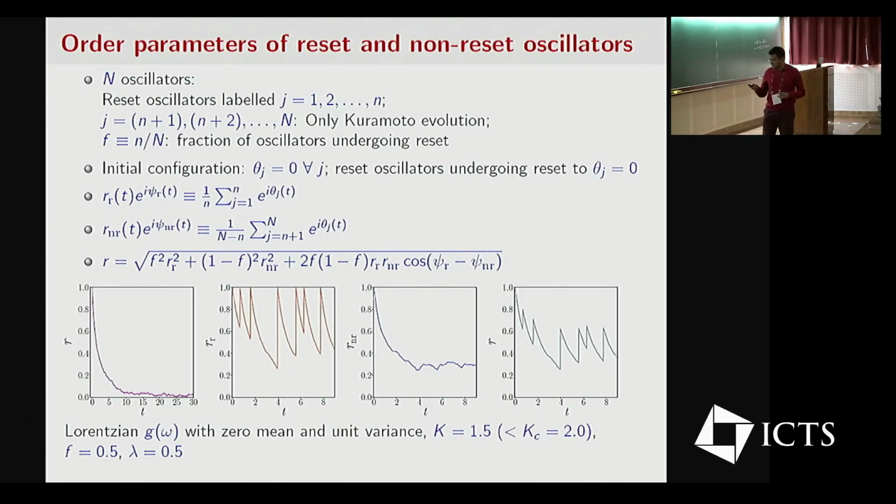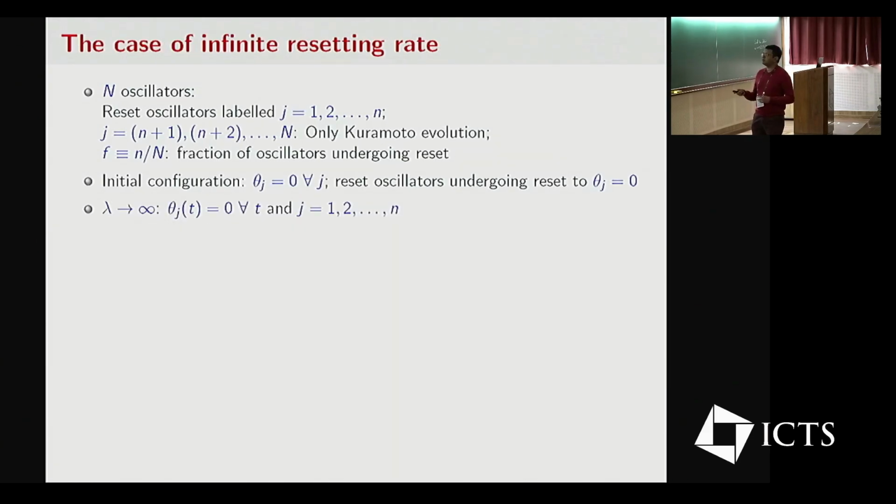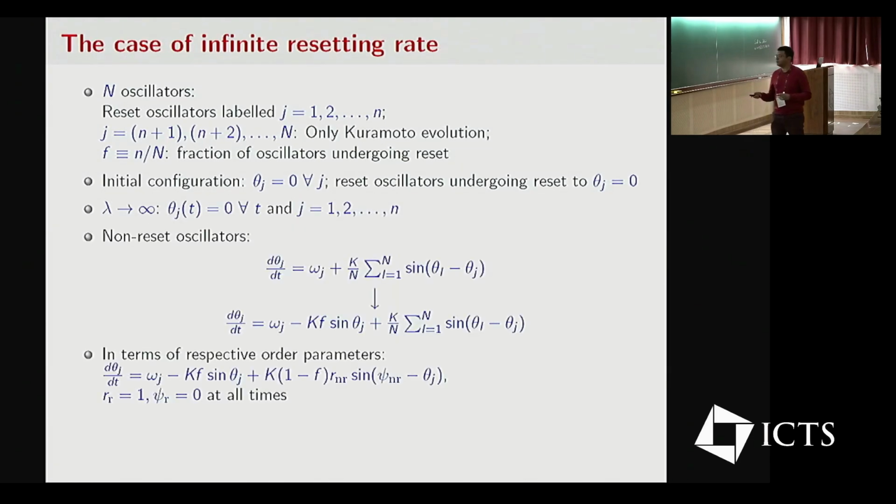The kind of analysis that one would like to do: first of all, we write down the equation of motion. A simpler case to study is when you are resetting all the time, that is the case of infinite resetting rate.